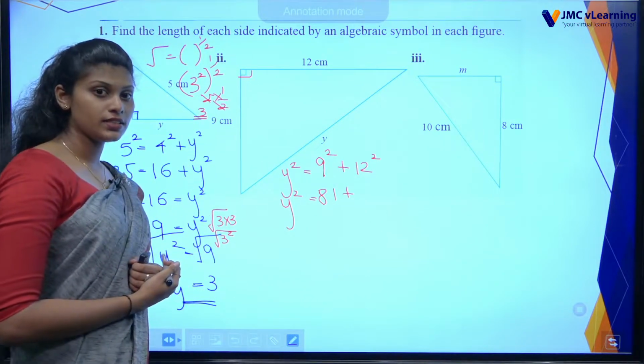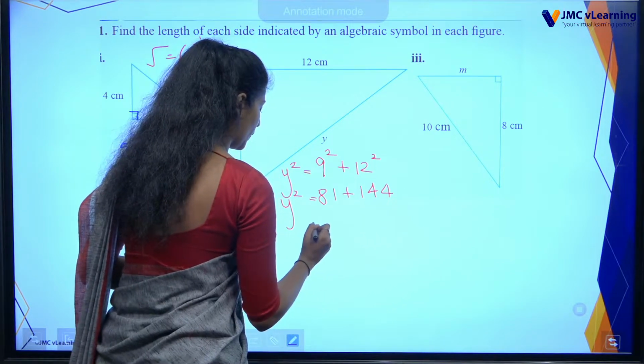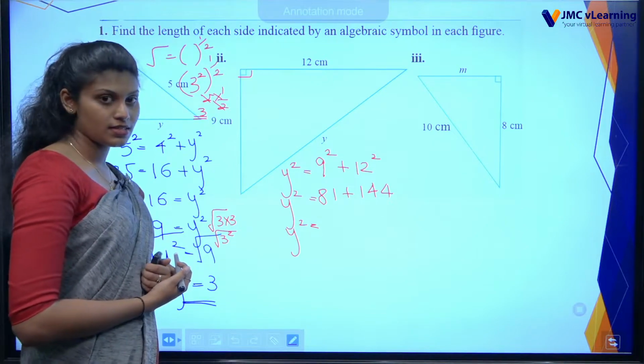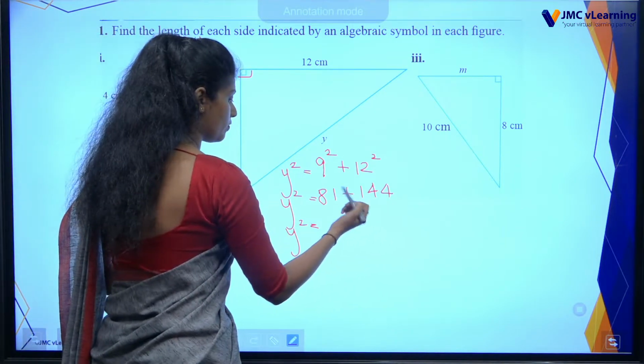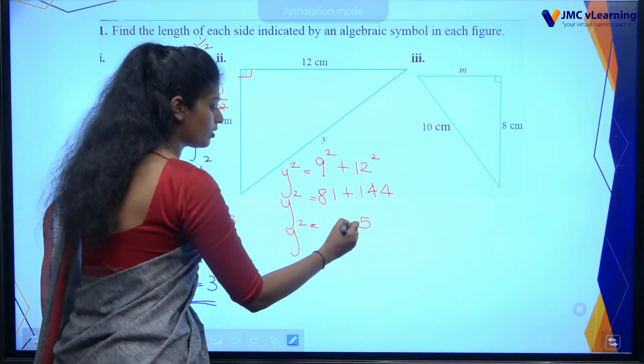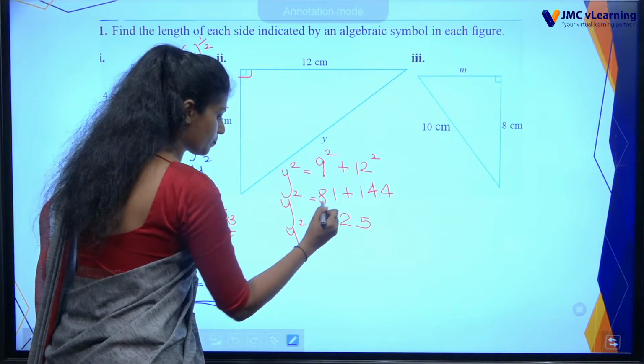Add 12 into 12, 144. Then y squared is equal to, we have to add these 2. 4 and 1, 5, 8 and 4, 12, put 2, 1 left. Then 1 and 1, 2.